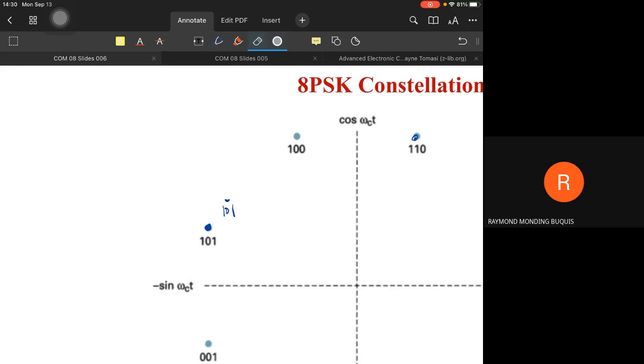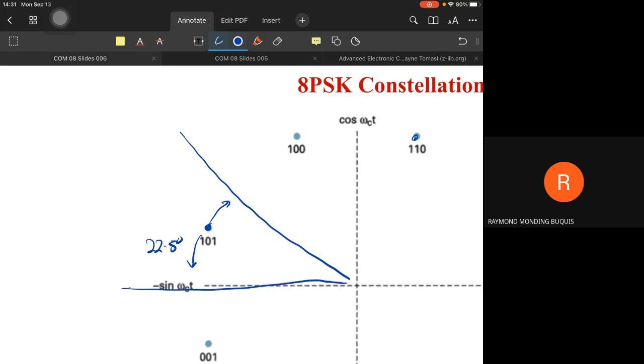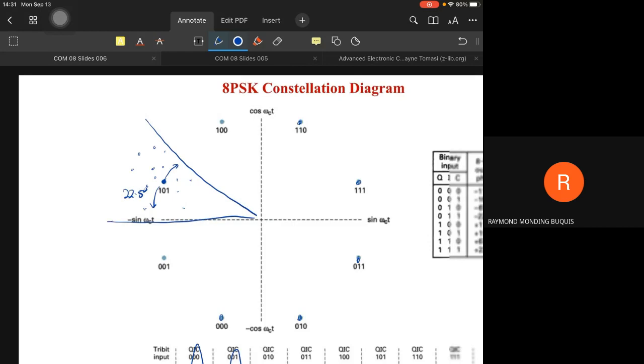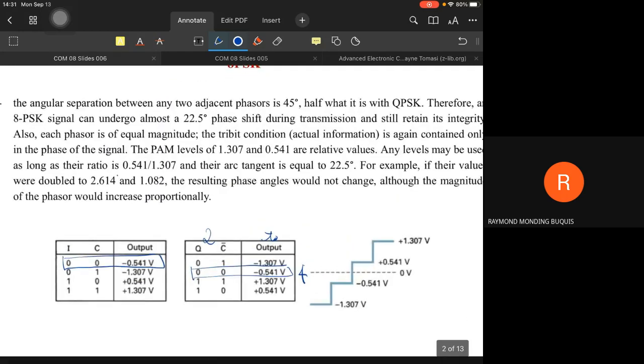So 22.5 up and down, the system would consider as 101. Any value that falls within that range, the system would consider as 101. Understand? That's why this should be the maximum value for the ratio of the PAM levels, 22.5.